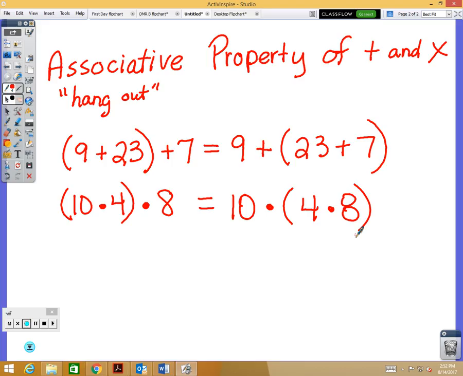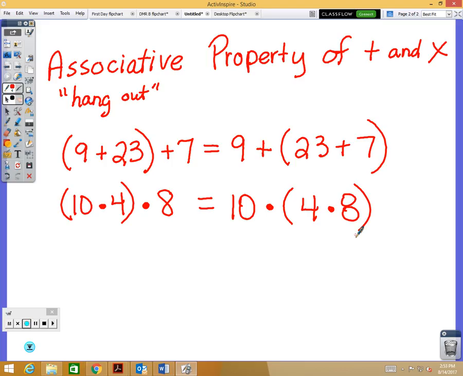Again, the parentheses are just telling you what to do first in order of operations. Notice that the order of the numbers did not change. That is another property. So this property, the associative property, is only the parentheses changing. Who is hanging out together? Who is associating together? Okay?